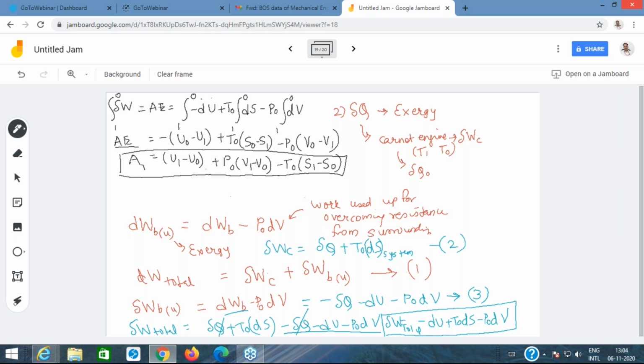And let us say finally, after some time, the system reaches the state 2. In that case, the corresponding expression for availability would be (U2 minus U0) plus P0 (V2 minus V0) minus T0 (S2 minus S0).